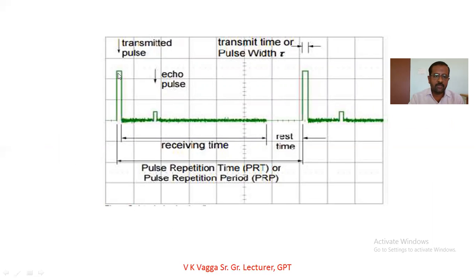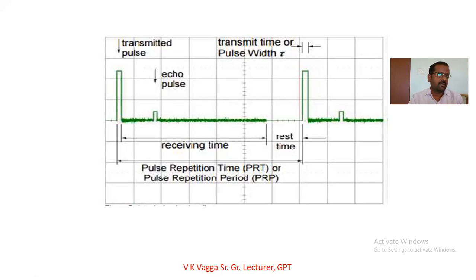You can see the first pulse here and the second pulse here. If you take the interval between the first pulse and the second pulse, it gives you the pulse repetition time, that is, how much time the radar waits for the echo before transmitting the second signal.